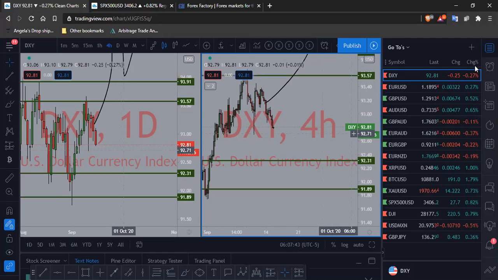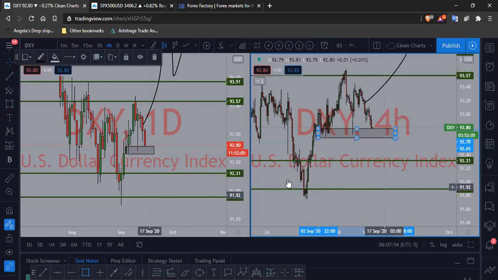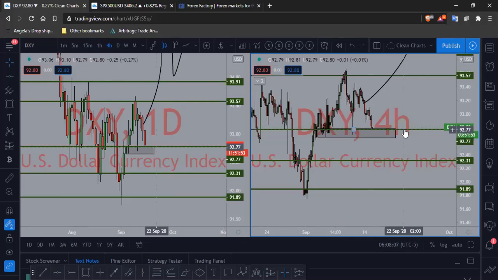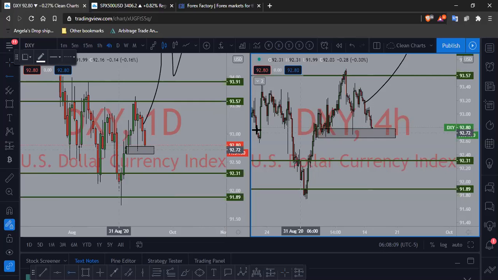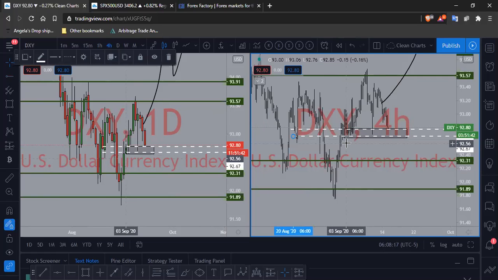This little zone right here that price came in and rejected off of. I'd rather have this so I know it's a 4-hour time frame.